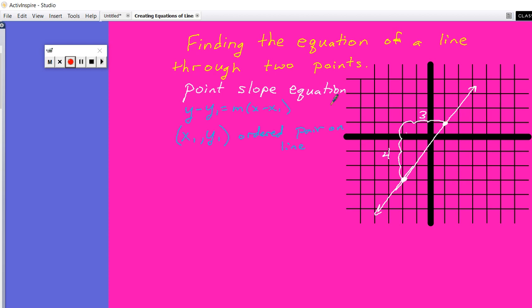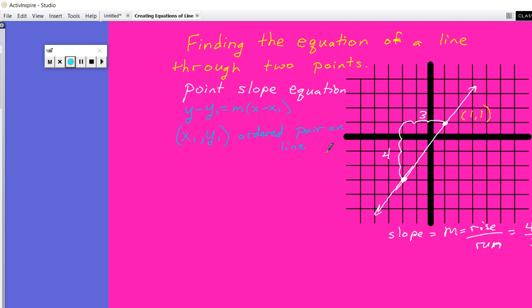So my slope is 4/3, because slope is rise over run. So that is 4/3.